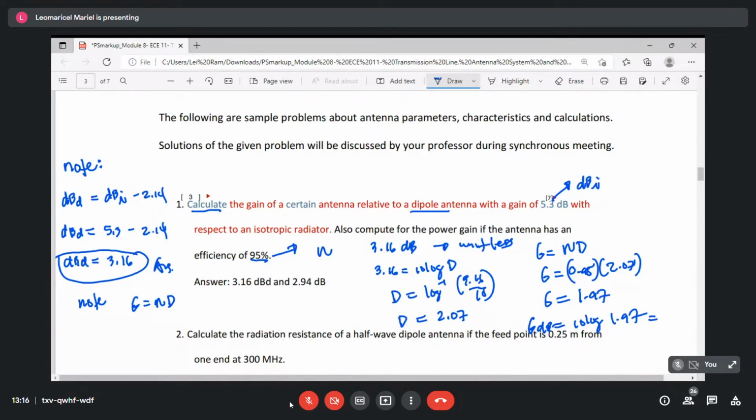How about 0.95 of 2.07? Is it 1.97? Yes, sir.